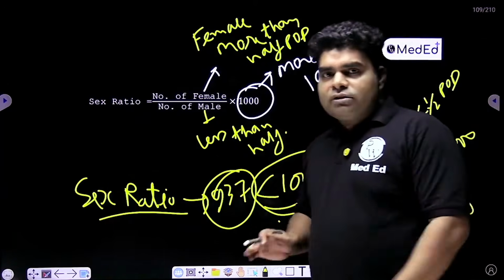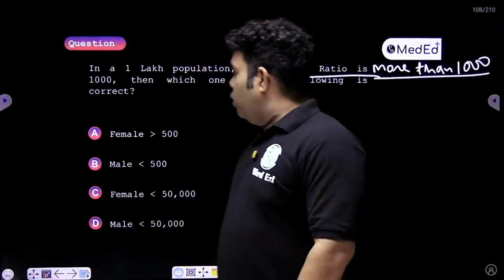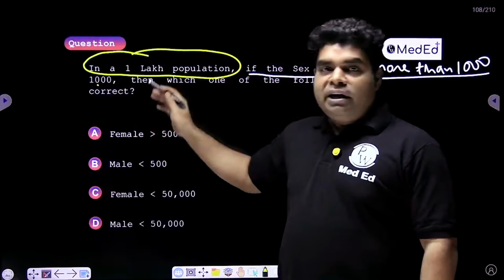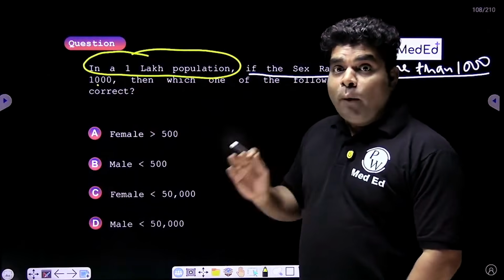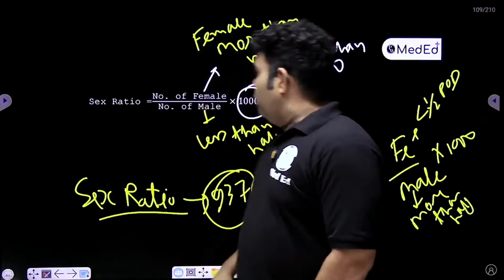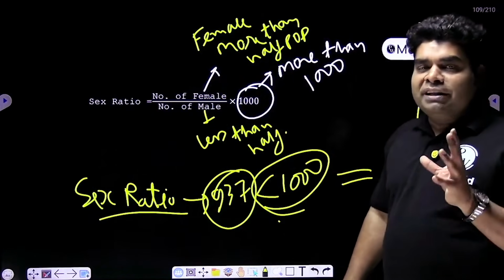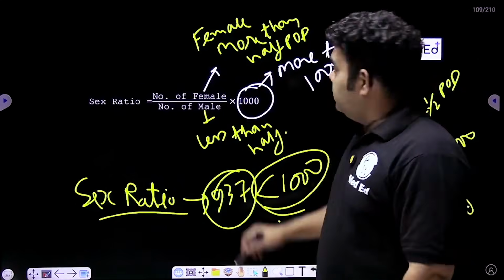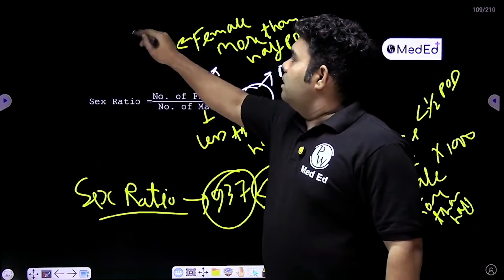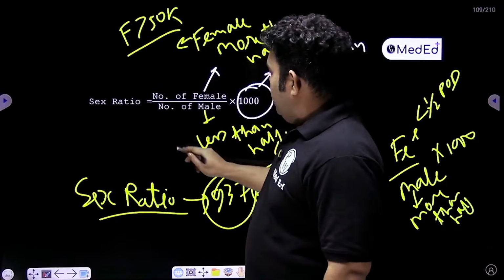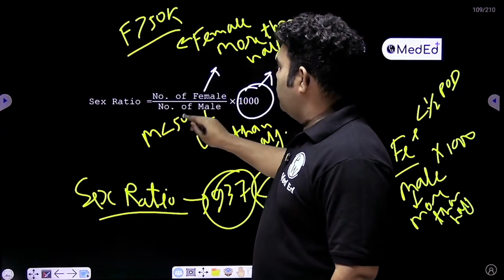Then for all these questions, you will only focus on the population of 1 lakh. You will not divide 1000 into 2. You have to divide the population into 2. So when I say more than half the population, what is half of 1 lakh? 50,000. So female should be more than 50,000 or male should be less than 50,000.